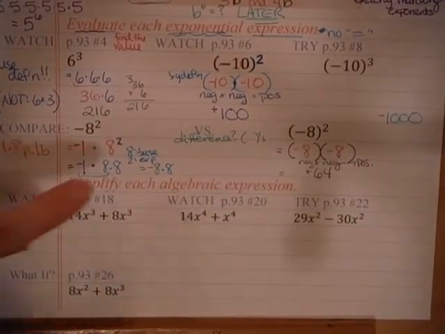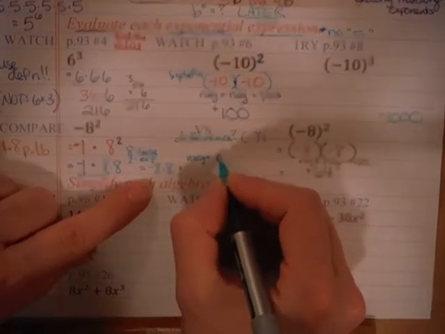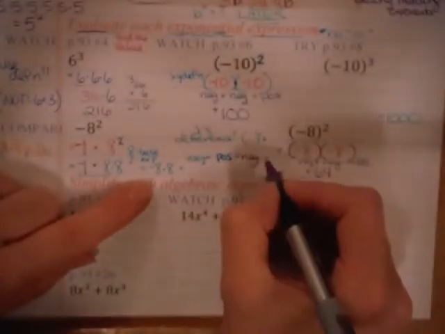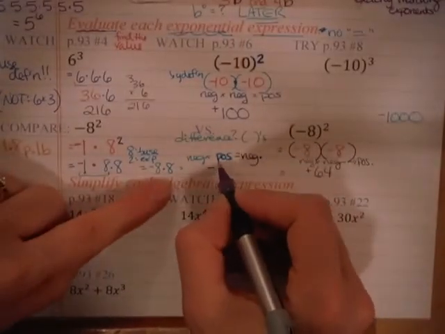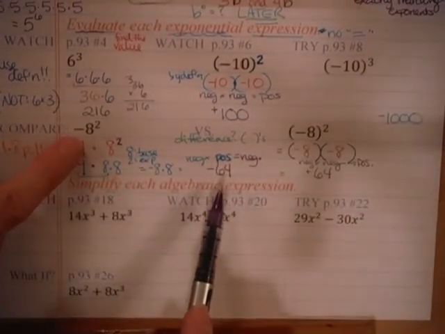Now what you're looking at is a negative times a positive. And that positive was in turquoise. I'll just try to keep highlighting that in the same color. And when you have a negative times a positive, your answer is negative. And in this case, you would end up with a negative 64. So negative 8 squared gives you a negative 64.